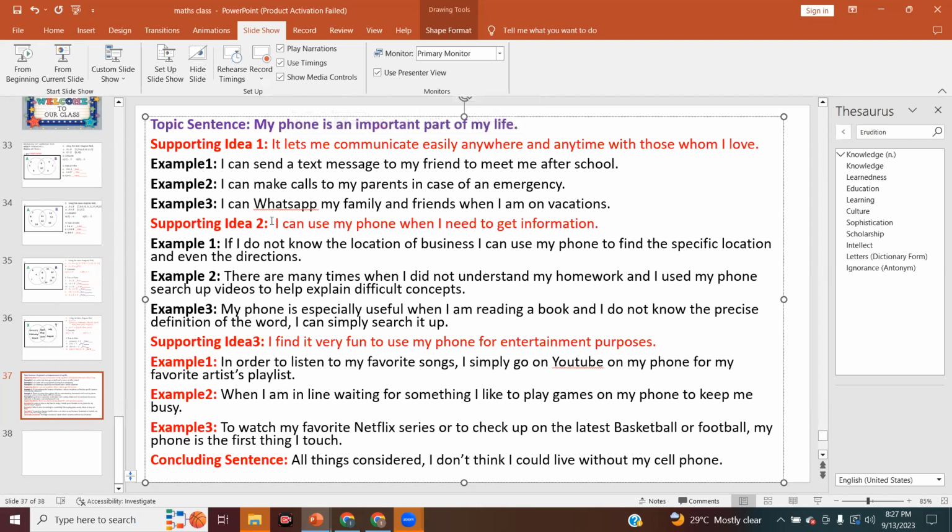Then introduce another supporting idea, and use 3 examples on that supporting idea as well. Then introduce another supporting idea, and give 3 examples or details or explanation on that supporting idea. Then a concluding sentence, and that's your paragraph. So that's how you write your paragraph.